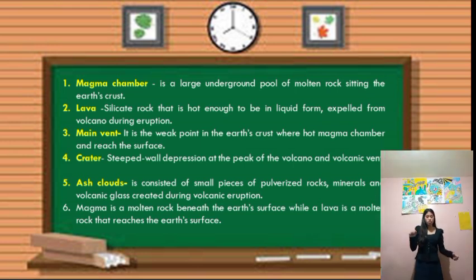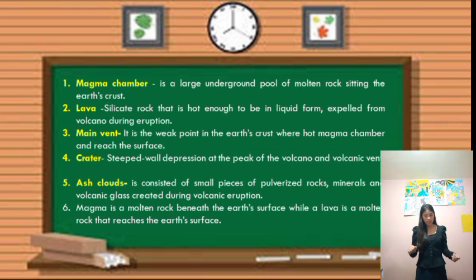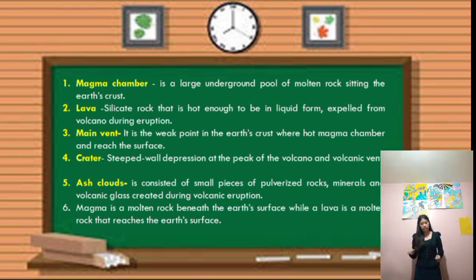So it is a bowl-shaped depression or cavity at the summit of a volcano formed by volcanic activity. So, di ba, nakikita naman ninyo kung ano yung crater. Okay? Understand? Any questions? Okay, no one? No more? Okay, let's proceed to the next.